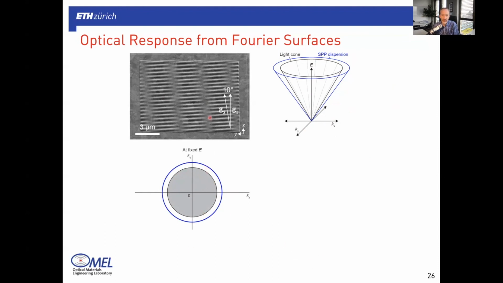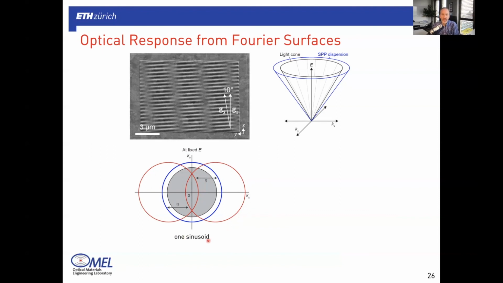So if we illuminate such a grating, we find that, of course, any photon that's along these arcs, so these are specific angles that correspond to Kx and Ky, then with the grating momentum G, will take the photons and put them on the blue dispersion for the plasmons at that specific angle.